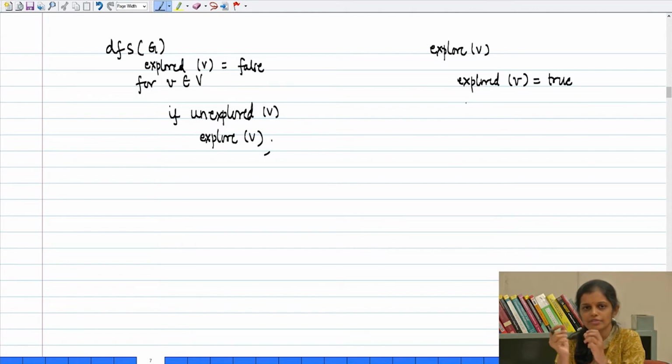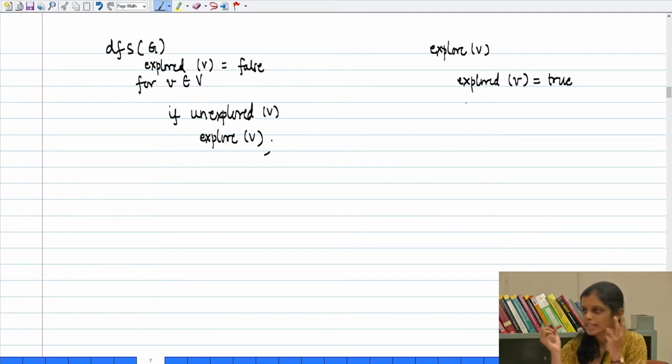We are going to give some numbers for every vertex. We will see why these numbers are useful in a later class, and these are called pre-visit numbers and post-visit numbers. So you think of every vertex getting two numbers. If there are n vertices in the graph, then we are going to assign 2n numbers to the vertices.